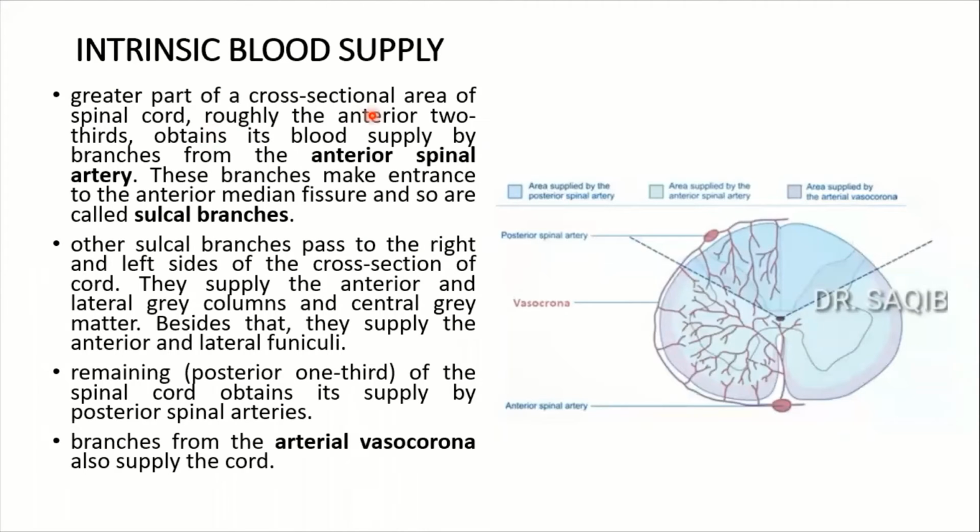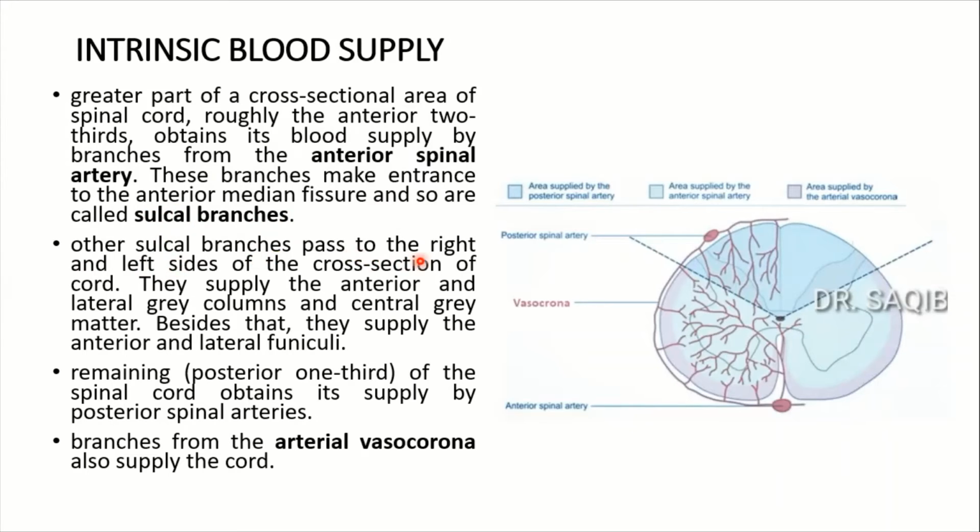So the intrinsic blood supply, a few words about that. Inside the substance of the cord, the greater part of the cross-sectional area of the spinal cord, roughly the anterior 2/3, obtains its blood supply by branches from the anterior spinal artery. I discussed it already. These branches make entrance to the anterior median fissure and so are called sulcal branches.